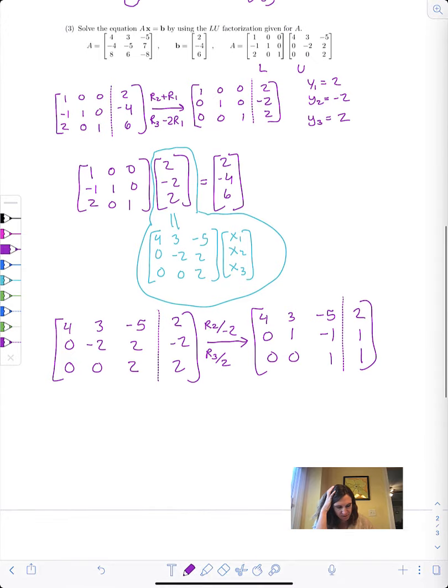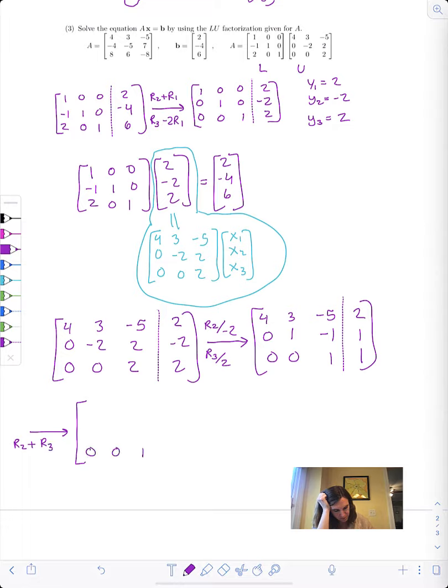And now finally we can start making zeros up above. So remember that for going from echelon to reduced echelon, we need to make the leading entries 1s and everything above them 0s. So let's go ahead and take row 2 and add row 3 to it.